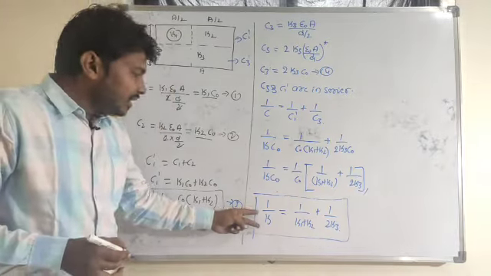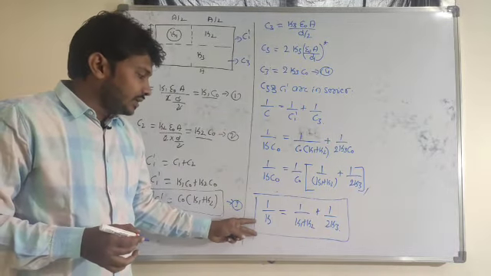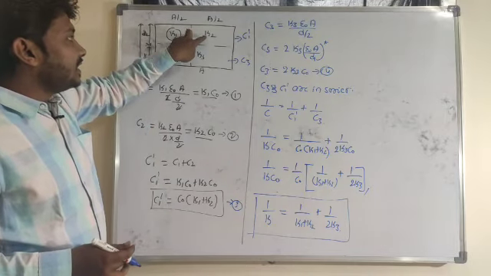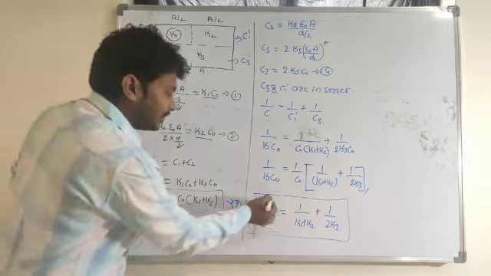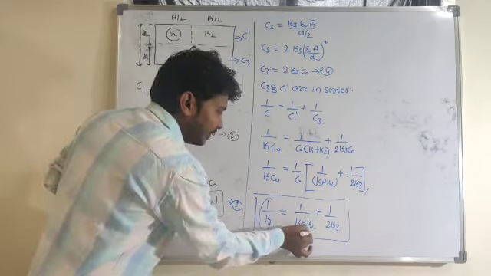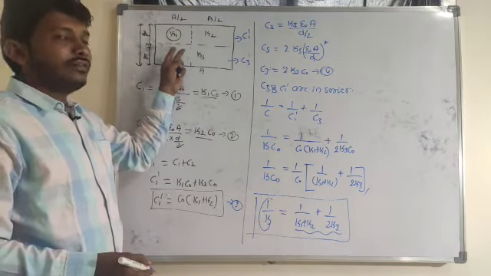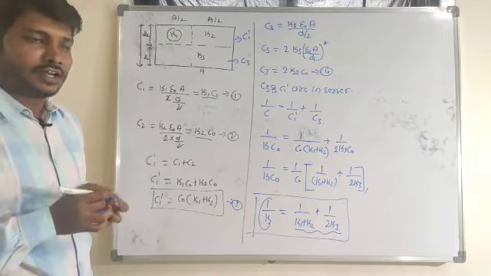So this should be the effective dielectric constant value in order to replace these three. Instead of taking these three dielectric constants, if you take this 1 by K, it will give the same effect as that of K1, K2 and K3. So hope you are understanding here.